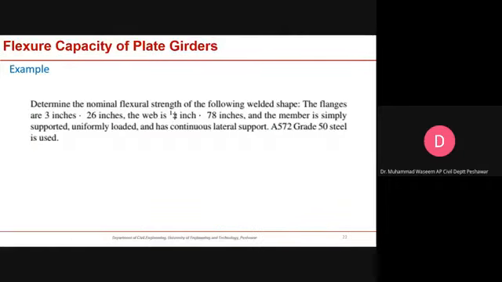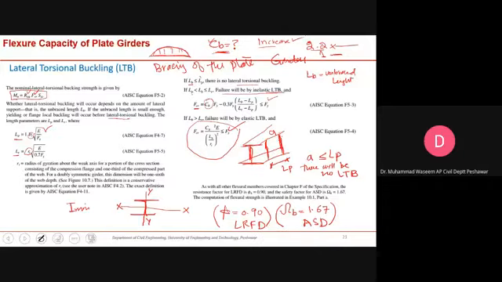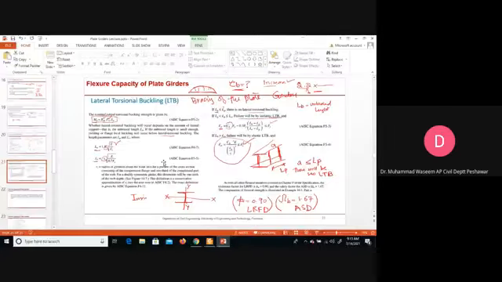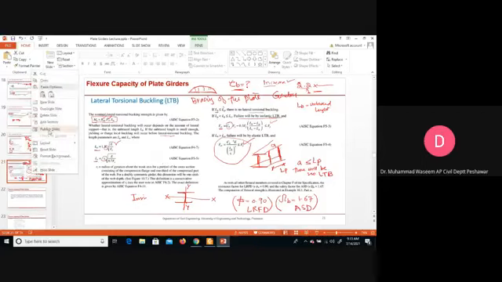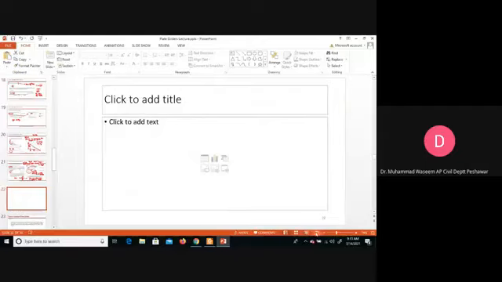Okay, now there are three limit states, three formulations. Let me go out of this slide mode and add a new slide here, okay? What was the first limit state?